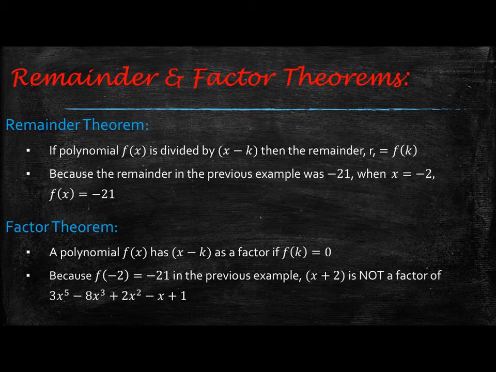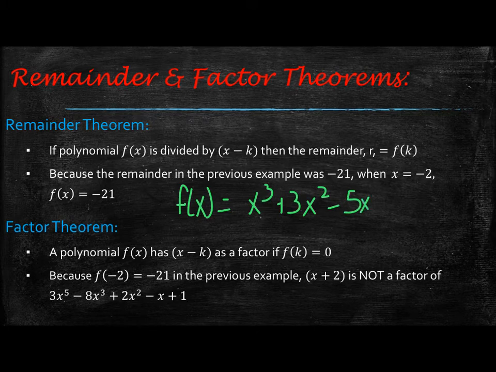So if I had f of x, so let's say I had f of x equals x to the 3rd plus 3x squared minus 5x plus 7, let's say.